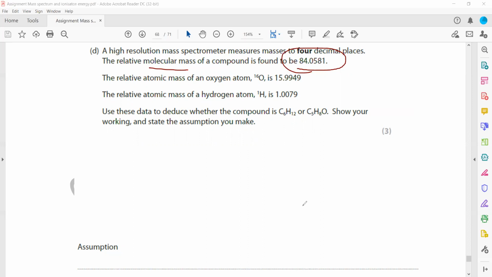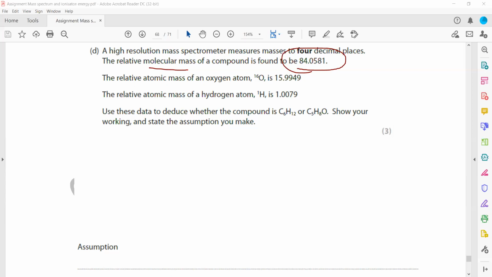So basically we have to solve for both parts. You have to substitute the values. But what about carbon?